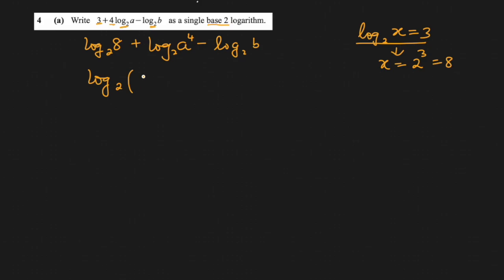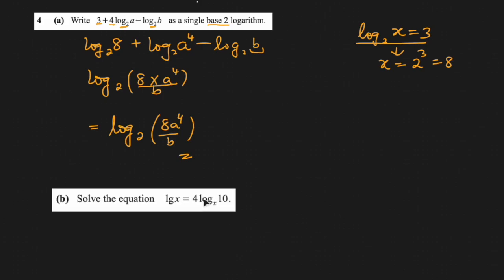So it becomes 8 times a to the power 4. Now this particular is subtracting, so this content will be divided. So it will be log base 2 of 8 a to the power 4 over b, one log with base 2. This is how the expression will be.